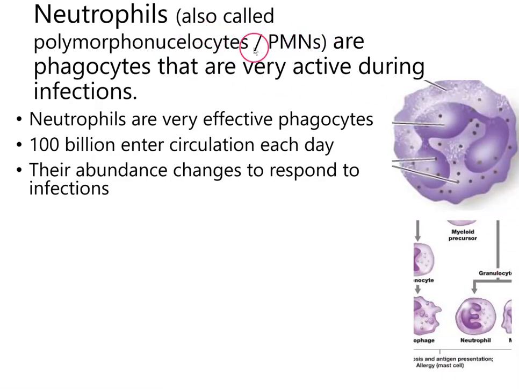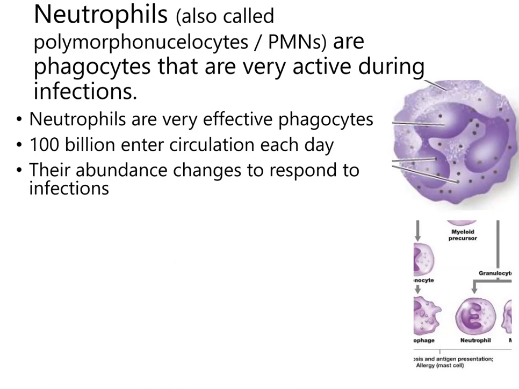Neutrophils, also called PMNs or polymorphonucleocytes, we could think of as cells that do phagocytosis, but only during infections. So these are going to circulate in the blood, and they will only enter a tissue if a macrophage or other cell in that tissue calls them.